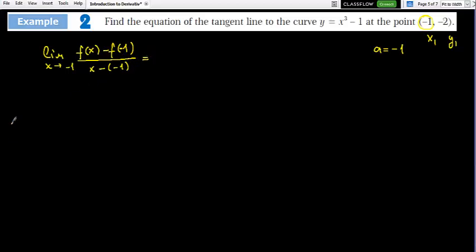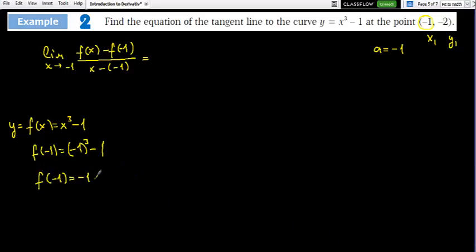Let's calculate what f(minus 1) is, because y is equal to f(x), which is equal to x cubed minus 1, and f(minus 1) is equal to minus 1 cubed minus 1, which is minus 1 minus 1. f(minus 1) is equal to minus 2.